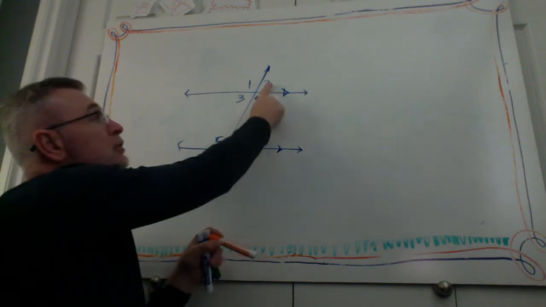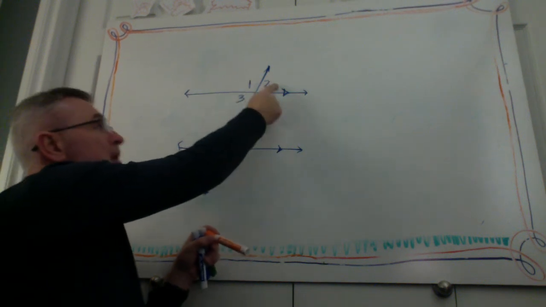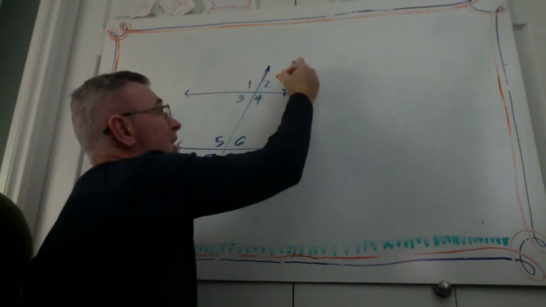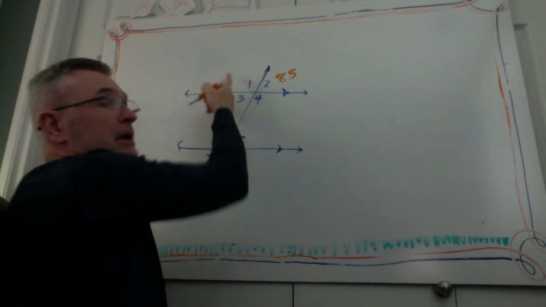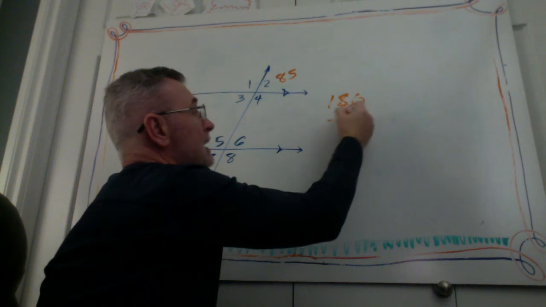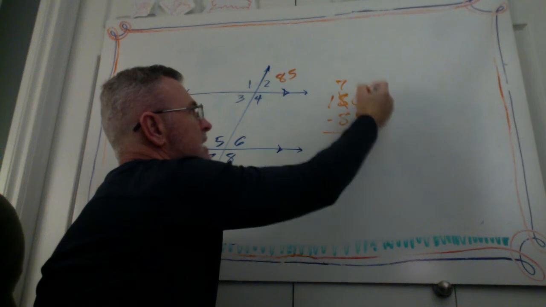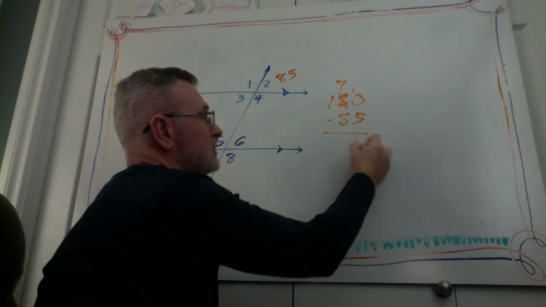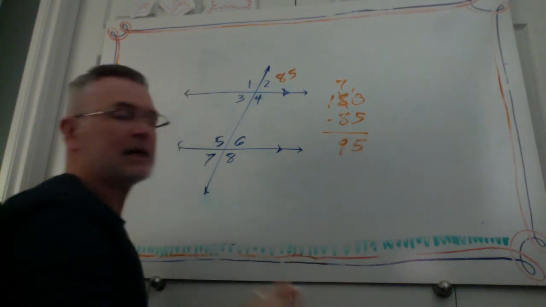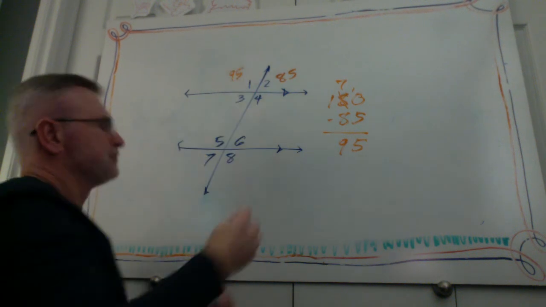I would also know that angle 1, which combines with angle 2 to make 180, is 180 minus 85, which is 95. So we now know that this is 95 degrees.